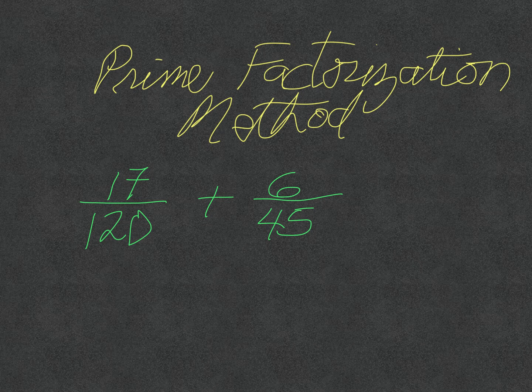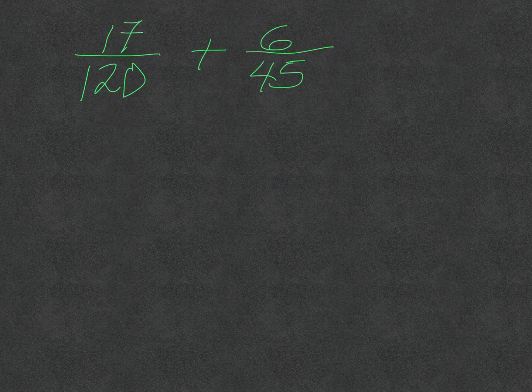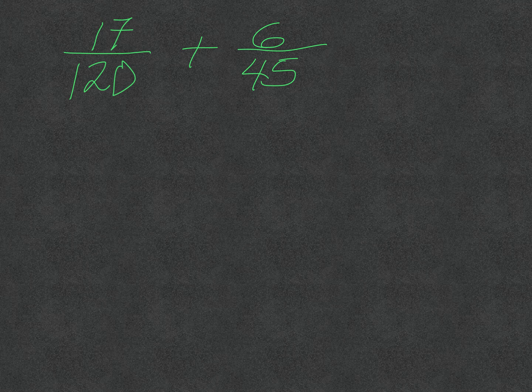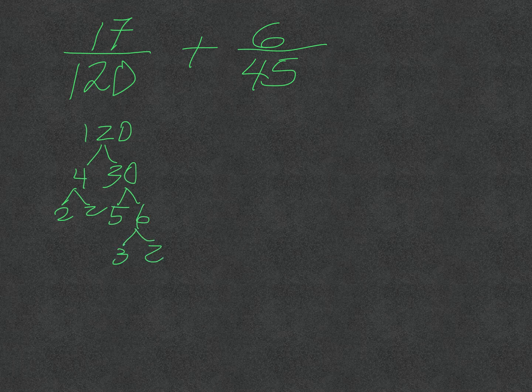The way I would do that is find the least common multiple. I've showed you a couple of methods in class before, and I want to review those right here. One method is to make a tree diagram where you prime factor each of these numbers.